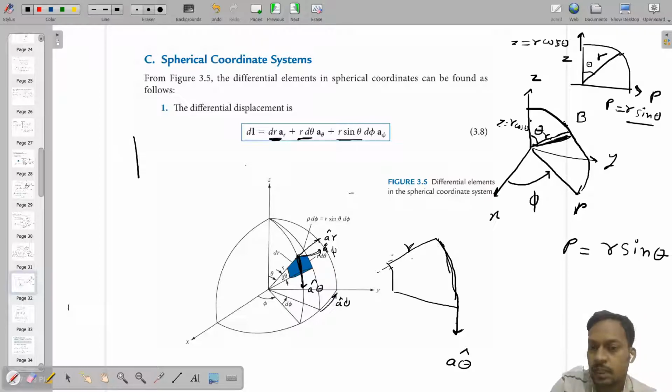Now again along this direction the change in the length is not linear, but it subtends an arc.